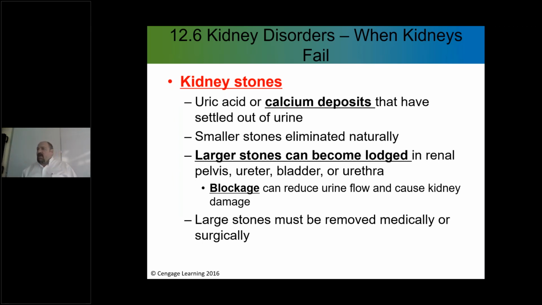Uric acid stones can block the flow of urine from the kidneys to the urinary bladder, and that's a problem. It can be very painful. You could have different procedures done in order to take care of these, and we can determine how to go about preventing them.